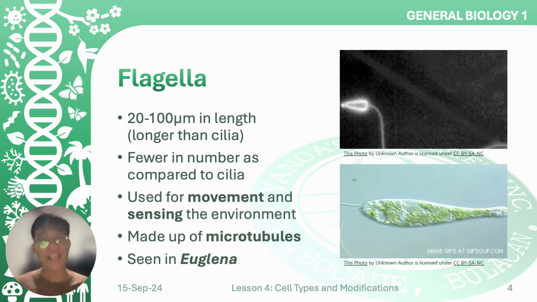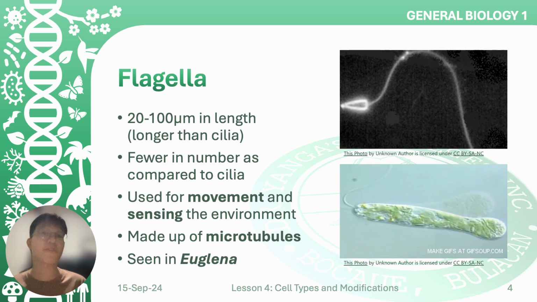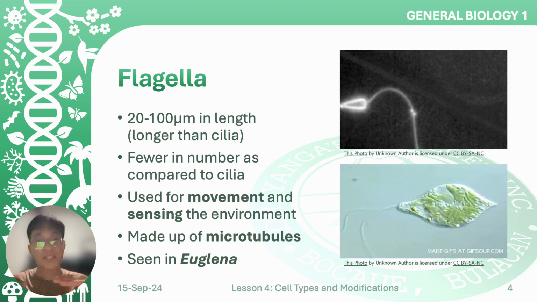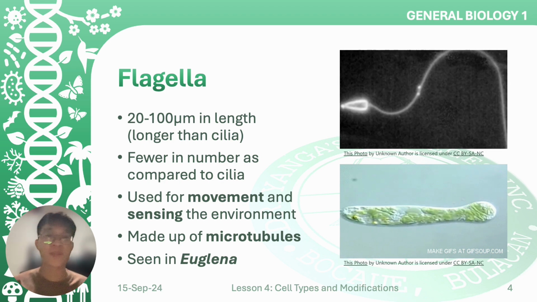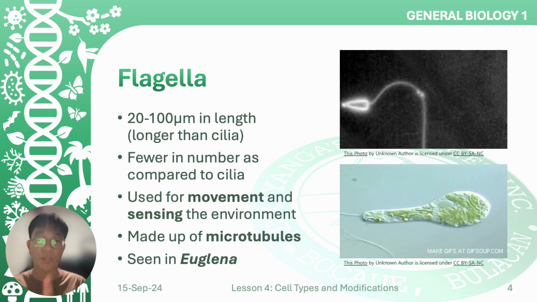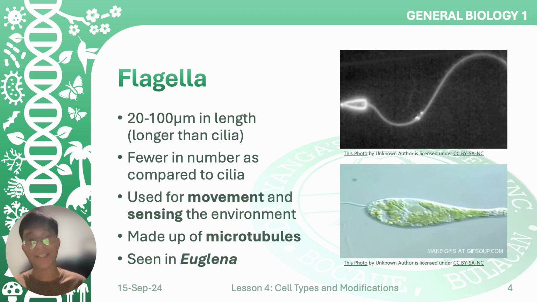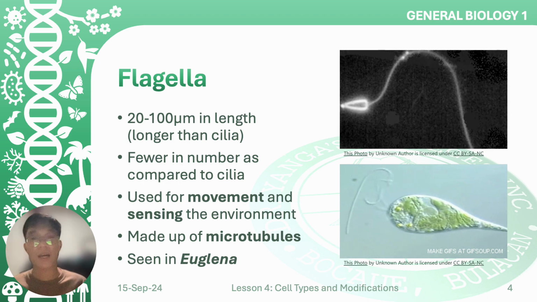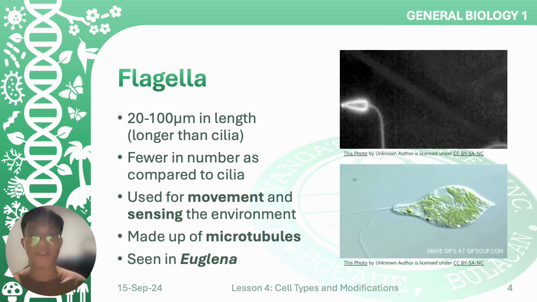And flagella, like cilia, are also made up of microtubules that would allow this sturdy structure for the movement of the cell. So euglena, which is actually a photosynthetic unicellular organism, as shown on the right side of the screen, also has these microtubule-based flagella.